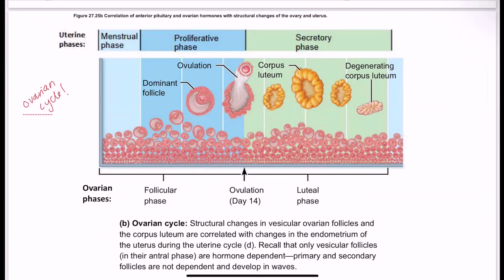Note that ovulation occurs right in the middle. Again, we have those uterine phases there. And the luteal phase is showing you the presence of the corpus luteum. If that egg isn't fertilized, that corpus luteum degenerates and becomes the corpus albicans, and notice that will result in the menstrual phase.